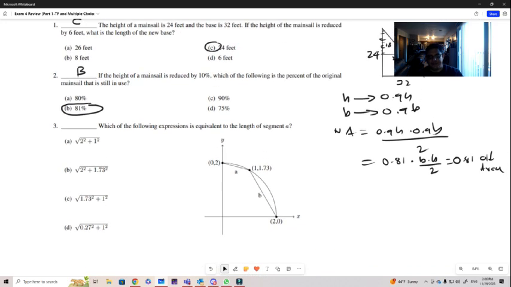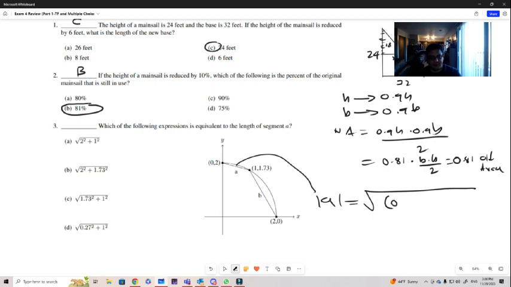Now the next one is just about getting distances. It says which of the following expressions is equivalent to the length of segment A. Notice that the segment A is this. I don't need anything else, I don't need to care about this. I just care about the distance between these 2 points. And so the distance between those 2 points can be calculated as the distance between (0, 2) and (1, 1.73).